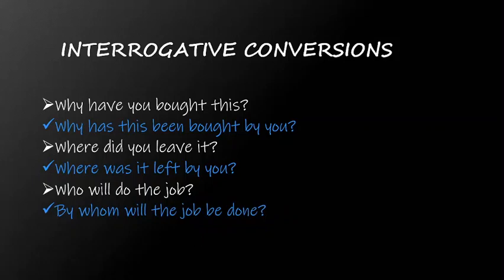Now, what I want you to pay attention to in all this is that, remember, when you're converting the voice in an interrogative sentence, the resulting sentence is also interrogative. Always the verb should come before, number one, and number two, it must always end with a question mark.